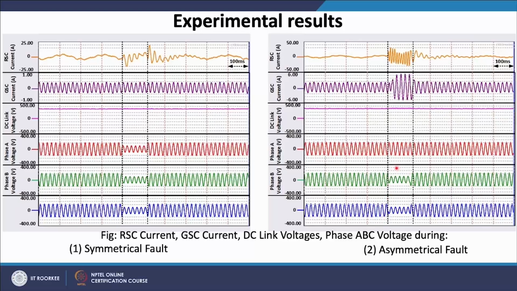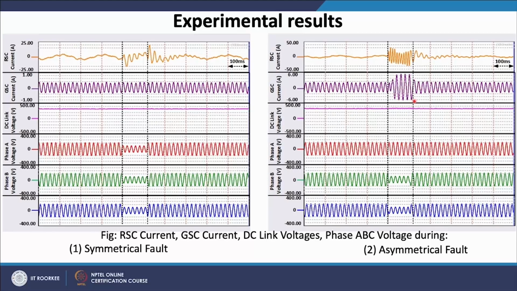The dip in the stator voltage in phases B and C is 50% of the nominal value for 5 cycles, that is, 0.1 second duration.